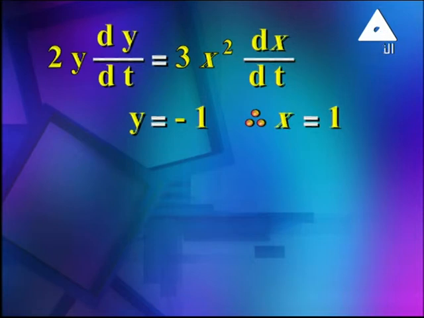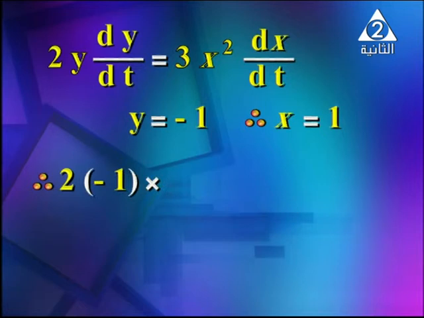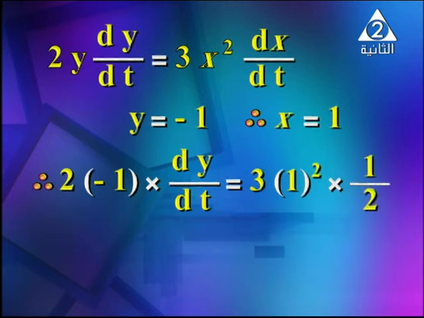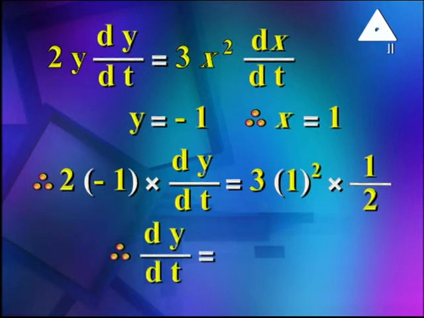Then by substituting y equals negative 1 and x equals 1, with dx over dt equal to 1 over 2, dy over dt equals negative 3/4.